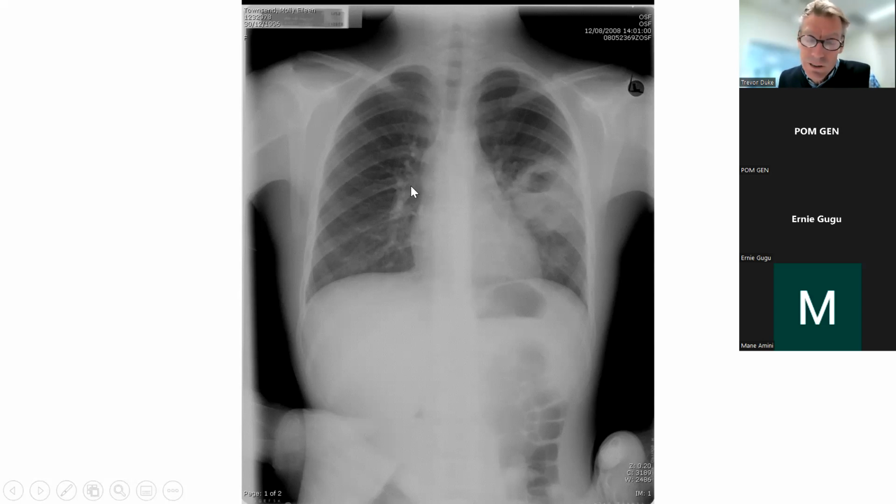Sometimes we overstate the right hilar changes, because if you took away the left side of the heart, you'd probably see similar changes of bronchovascular markings on the left side. But because the heart's there, it's a bit obscured. So sometimes this can be within the normal limits, just normal bronchovascular markings. So that's all. What else do you see?